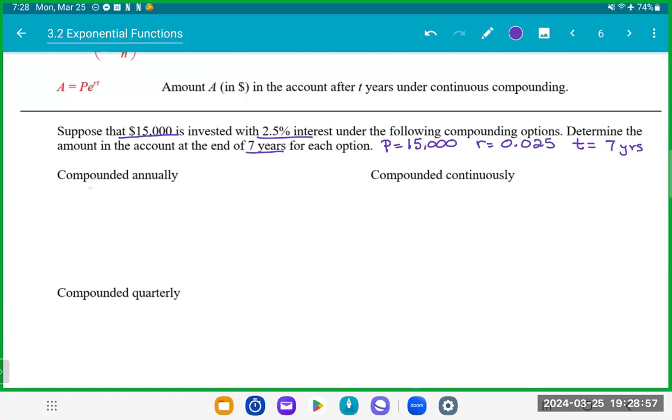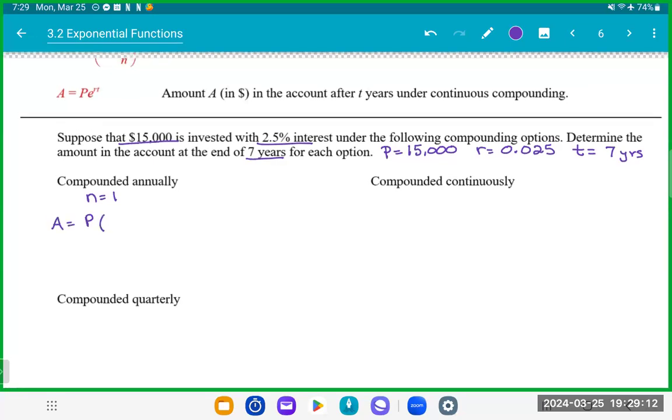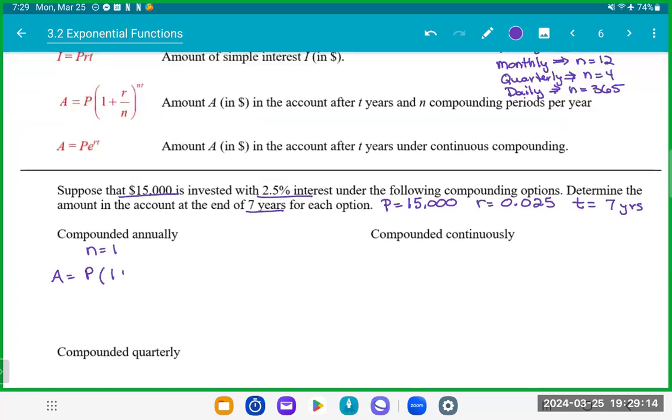Okay. When we're compounding annually, we add in that my n is equal to 1. And so if my n is equal to 1, then that gives me A equals, we're going to use this, P times (1 plus r over n) to the nt.